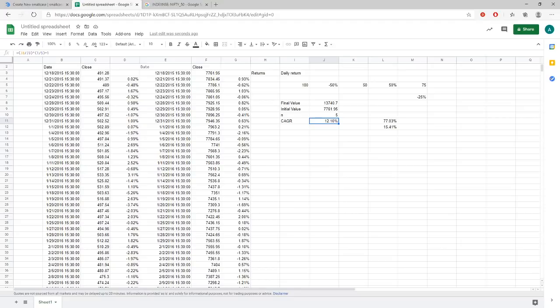Okay, so sometimes what happens is, in this particular case, there were exactly 5 years available to me, but generally that is not the case. So there is an interesting way to calculate the CAGR when the number of months is not exact, when the number of years is not a whole number.